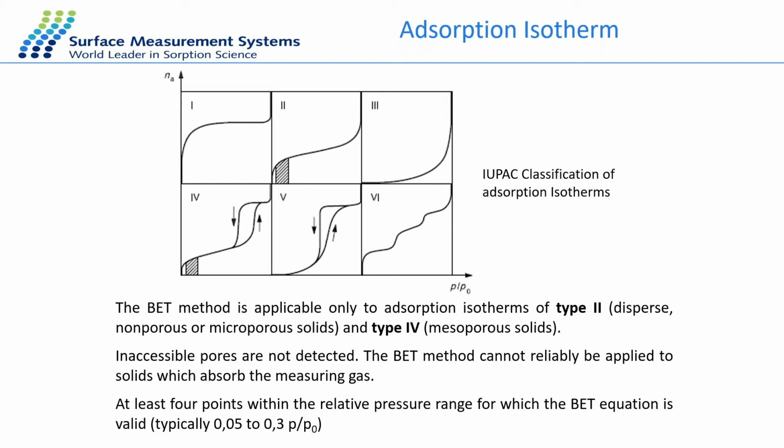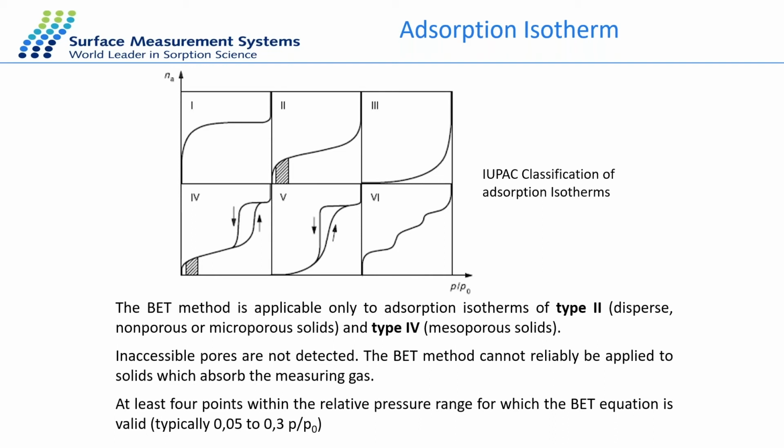To apply the BET method, there are two types of isotherm, type 2 and type 4, based on the IUPAC classification, which are suitable for the BET method. During the BET specific surface area measurement, only the surface which is accessible to the probes is measured.